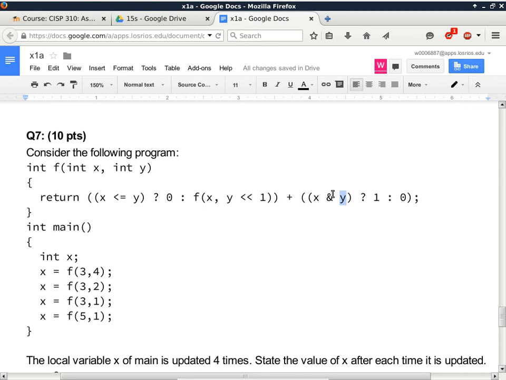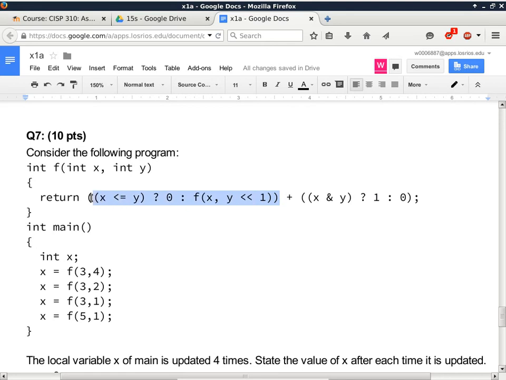So when you have 1, 2 on one side and then 2 on the other side, are there any powers of 2 that are in common? The 2, right? So that means the condition is non-zero, which means we pick up the second expression as the value of this entire ternary operator.